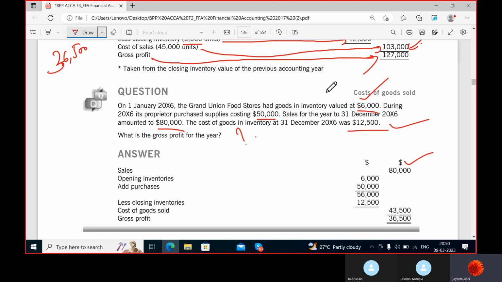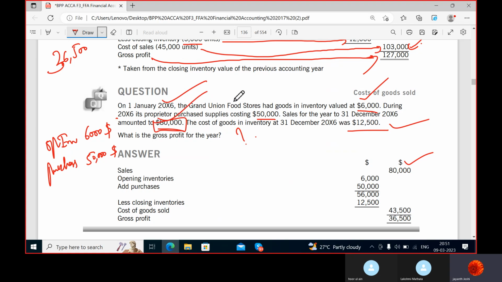They have. So let's start this. The information is opening inventory. That is always reflected on the first day when you start the business. On Jan 1st, 2006, the opening inventory is $6,000. And the purchases during the year are $50,000. And they are selling it for $80,000.